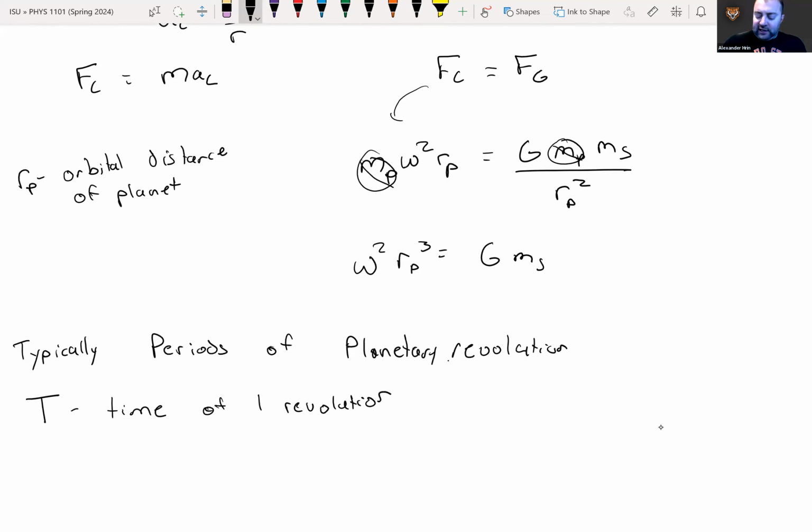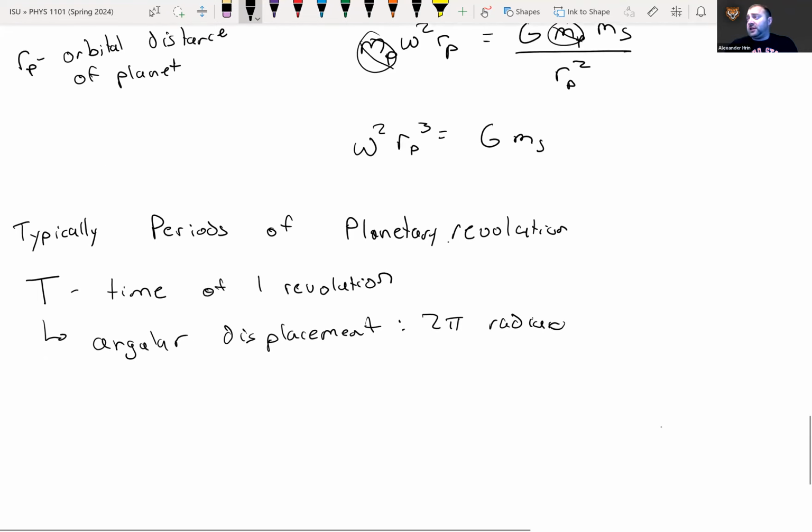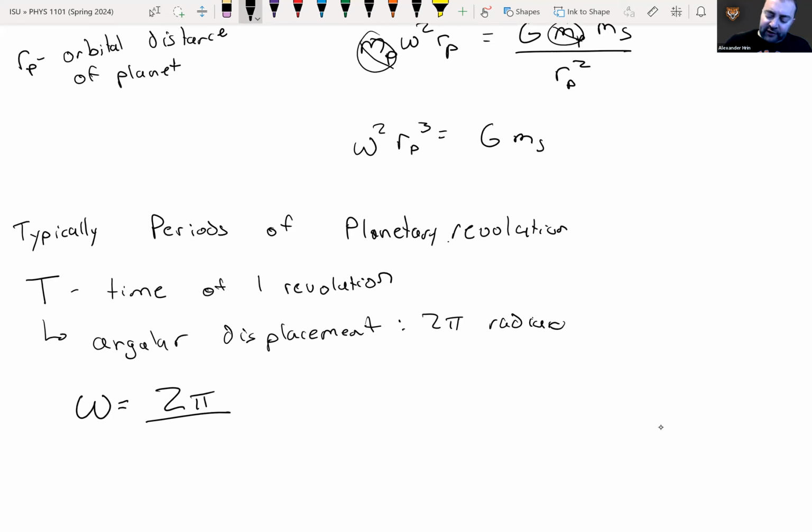Now, the idea here is that in this time, the angular displacement will be 2 pi radians, because it went in a full circle. Remember, a full circle is just 2 pi radians. So that means omega is that 2 pi radians that it traveled divided by the time T it took to do it.